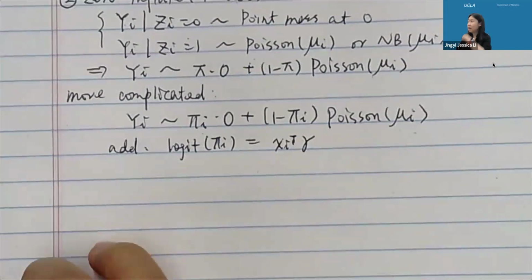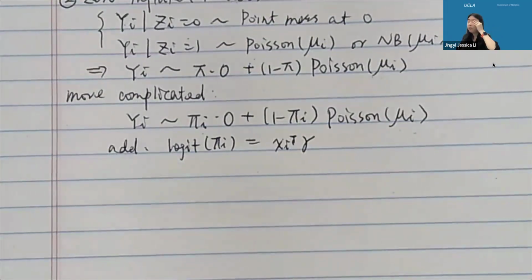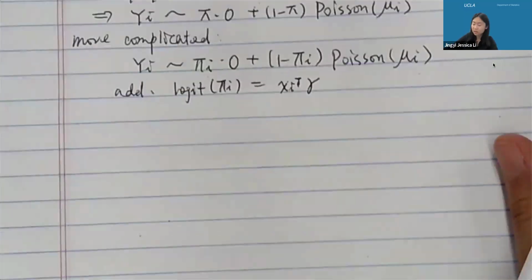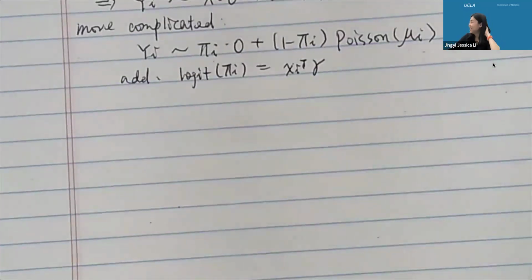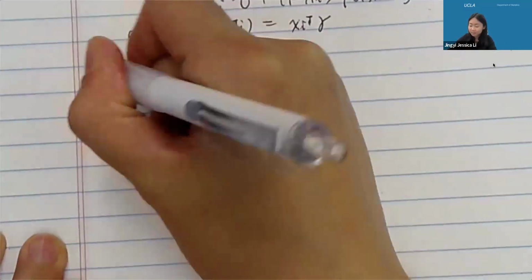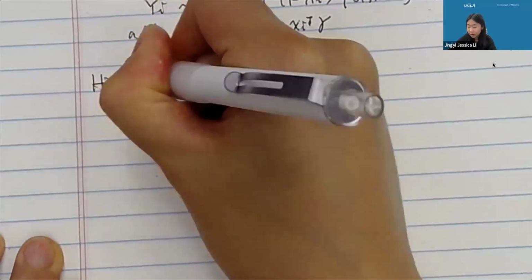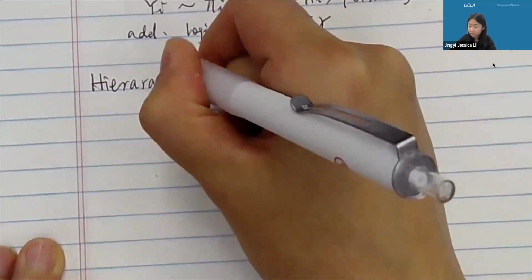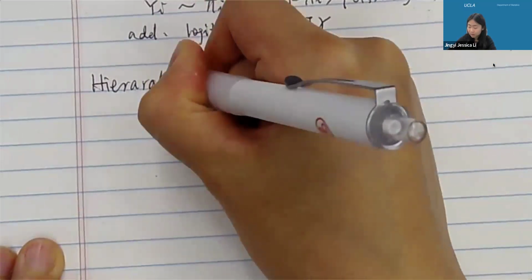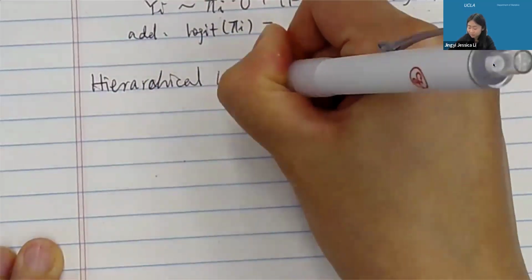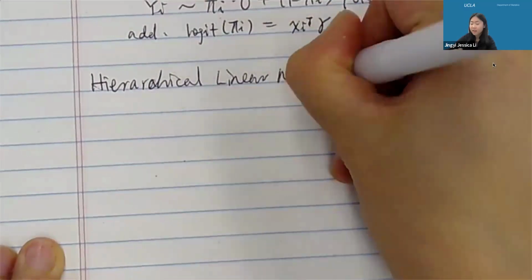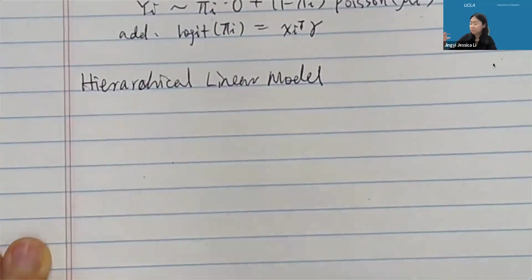Okay, so that's all for generalized linear models. Now let's talk about the final part of this class, linear mixed effect model or hierarchical linear model, which is the title of this class. But we have given you a lot of foundation before we finally move there. So what does this title mean? Hierarchical linear model has different names, but they mean the same thing.